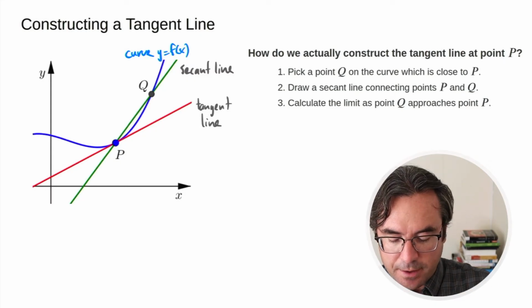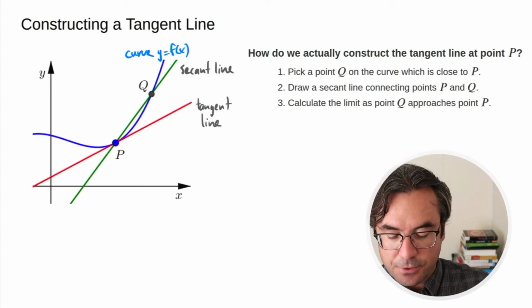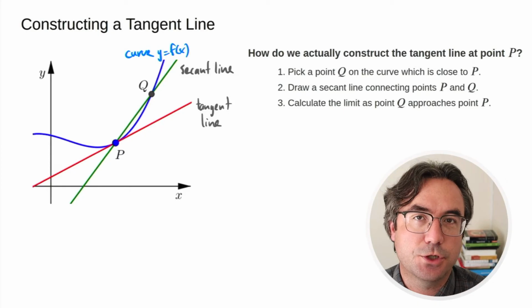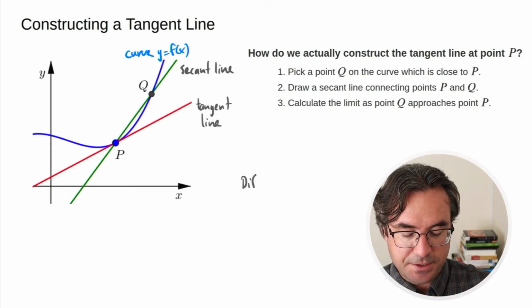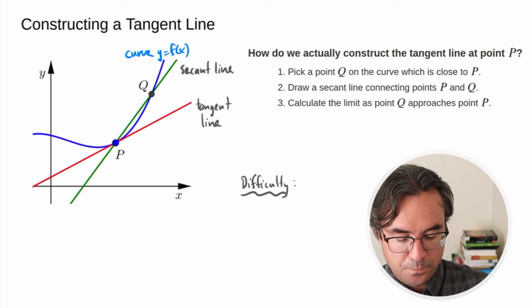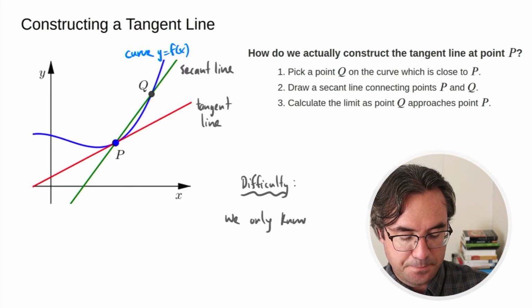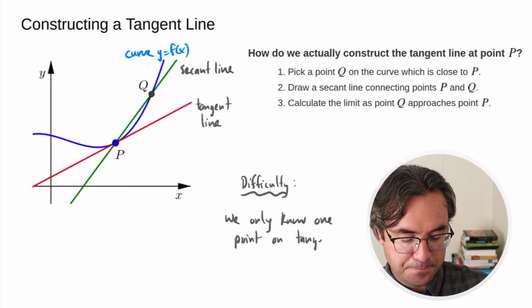The difficult thing about constructing the tangent line is that there's only one point that we know for sure is going to be on that line. We only know one point on the tangent line.